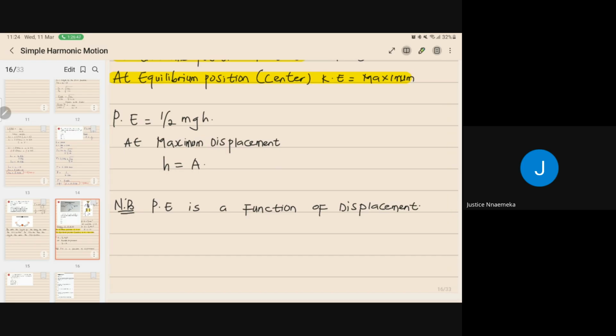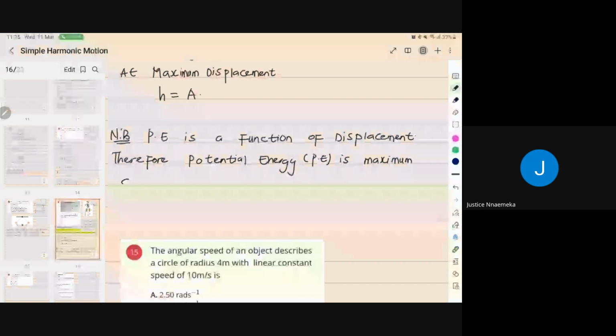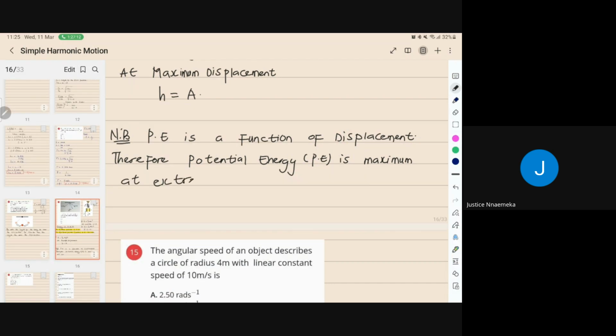Therefore, potential energy, PE, is maximum at the extreme position and minimum at the center, that's the equilibrium position.